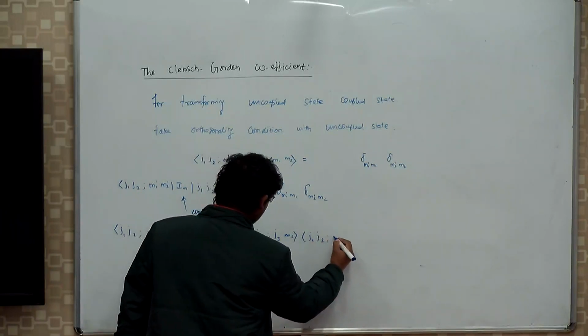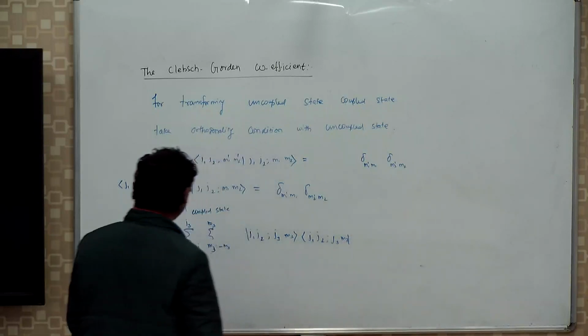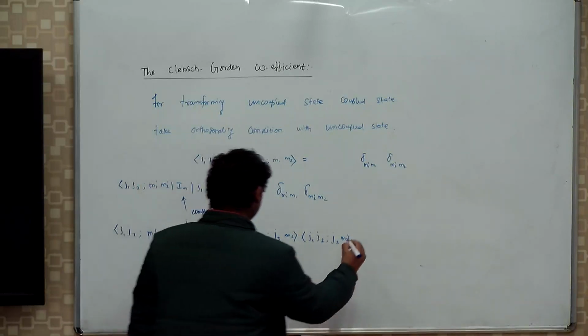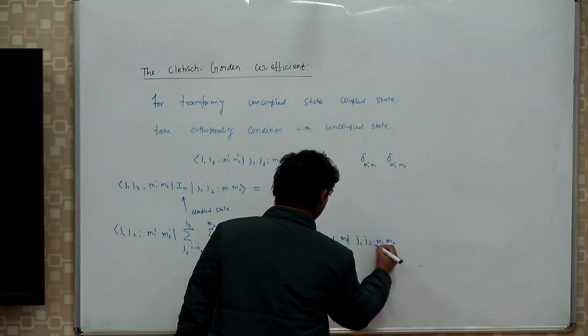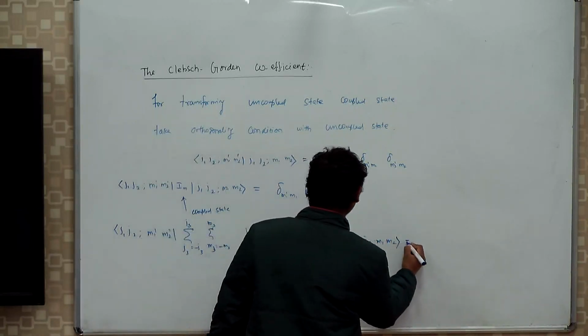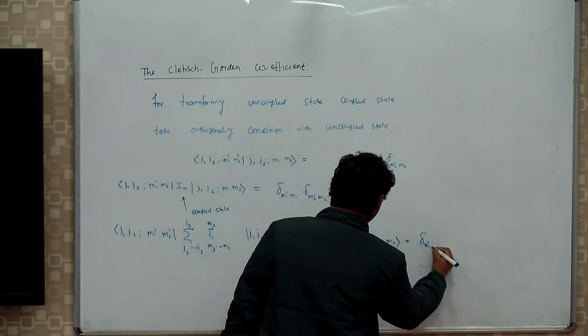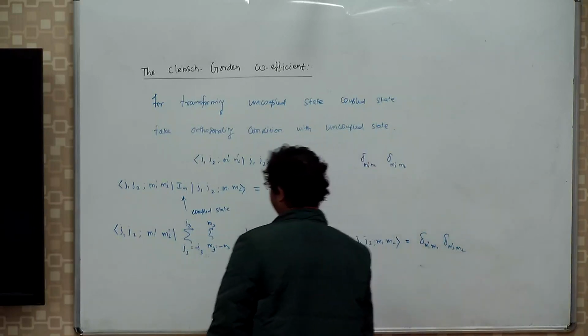Then ⟨J1 J2 J3 M3| again ... then this term will come, it is nothing but ⟨J1 J2 M1 M2 | J1 J2 M1' M2'⟩ equal to δ_{M1' M1} δ_{M2' M2}.